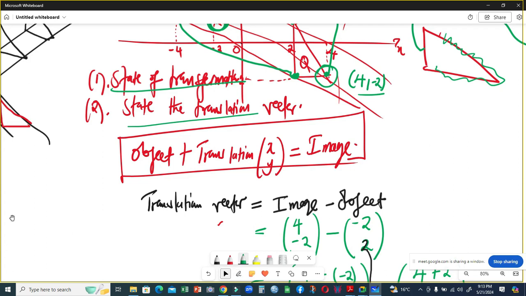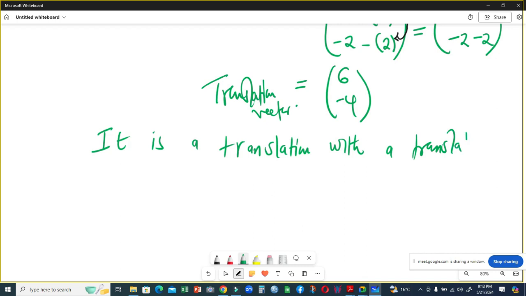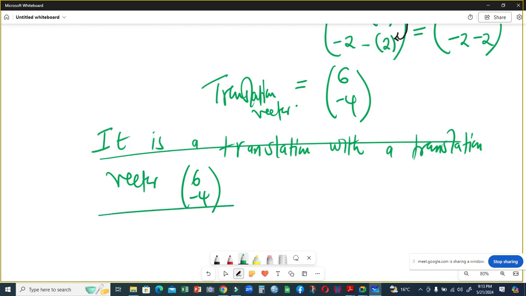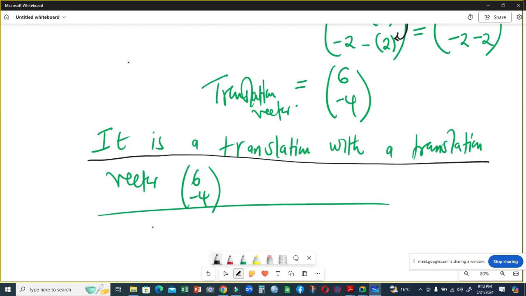So meaning that we'll say it is a translation with a translation vector 6, -4. This is the answer that you are looking for. Remember, I've not cancelled this answer, no, just when underlining. So this is our final answer, like that.